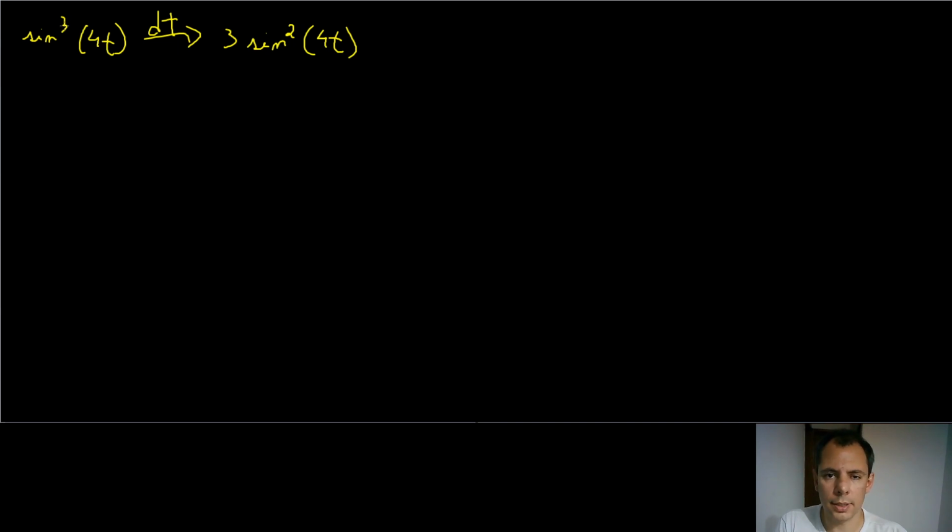The cube is the outer function, the sine is the middle function, and the 4t is the inner function. So we have 3 sine squared of 4t times the cosine of 4t, because now I'm differentiating the middle function, which is the sine, and times 4, which is the differentiation of the inner function.